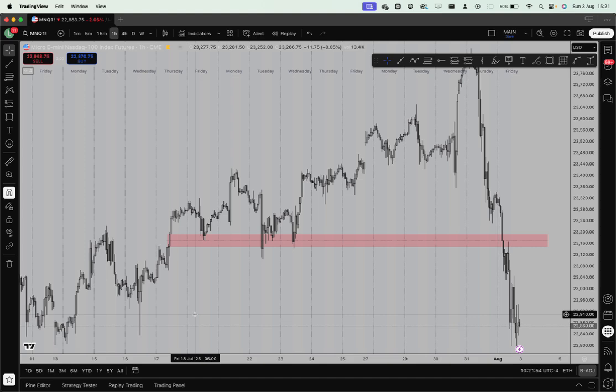So with unmitigated PD arrays, we do not have this data. We do not have previous data which shows us that price likes to react from this level. So this is why it's dangerous to use PD arrays that are unmitigated. Whereas with mitigated PD arrays, as I said before, we've already been shown that these levels are working and that price reacts to this level. So let's use them again.